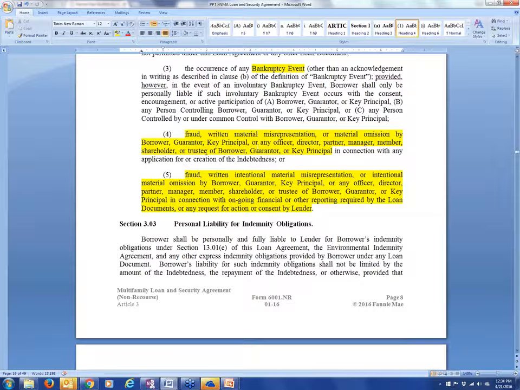So, I'm not going to say fraud in the inducement or fraud in the contract, but what we're saying here is fraud when you applied for the loan or fraud when you're continually supplying them with the documents.